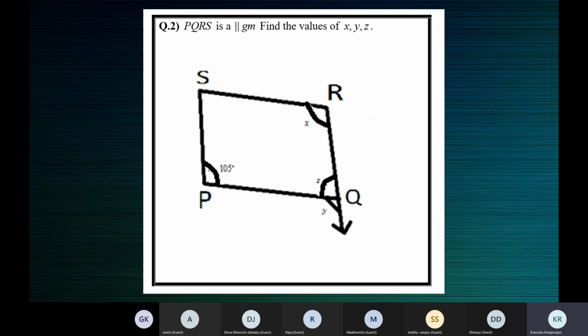We said X is equal to Y, corresponding angles are equal. In that case, which are the parallel lines and which is a transversal? Ma'am, SP and RQ are the parallel lines. SR and PQ are the transversals, ma'am.